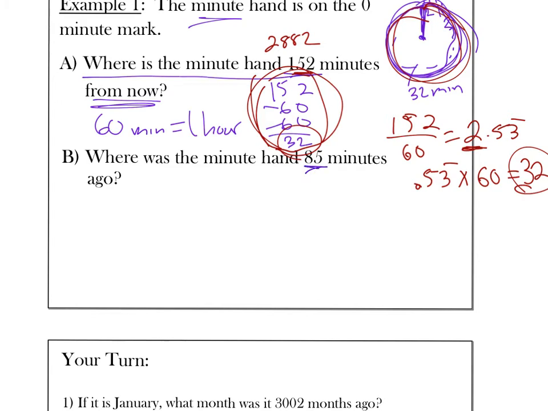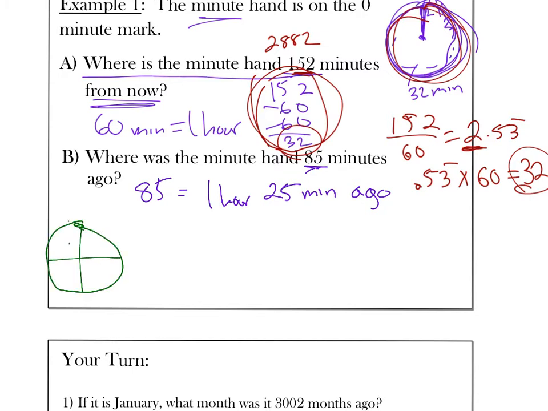So where was the hand minute 85 minutes ago? Well, if I do it kind of the brute force way, 85 minutes is 1 hour and 25 minutes ago. So I'm kind of going backwards here. On my clock, I'm still starting at 0. I'm going around once, and then I'm going back another 25 minutes.